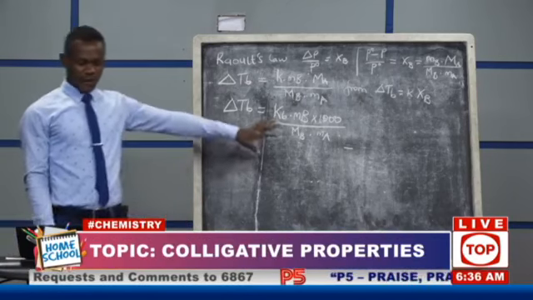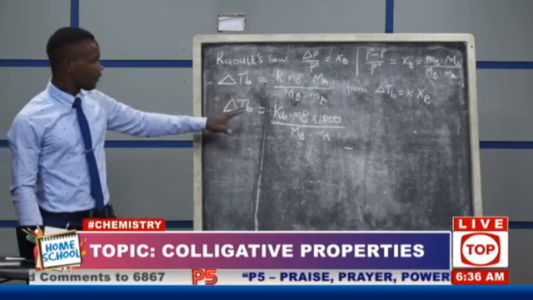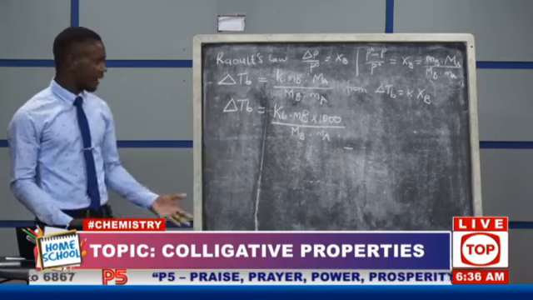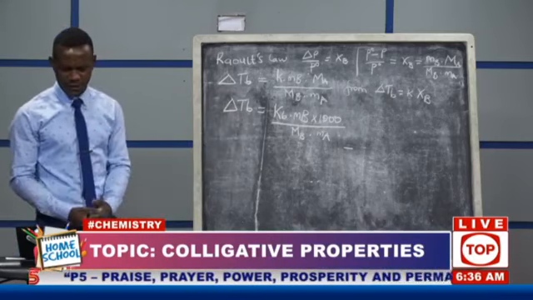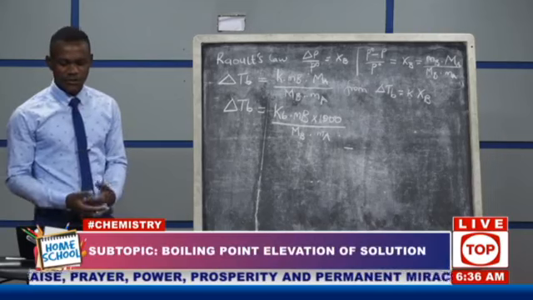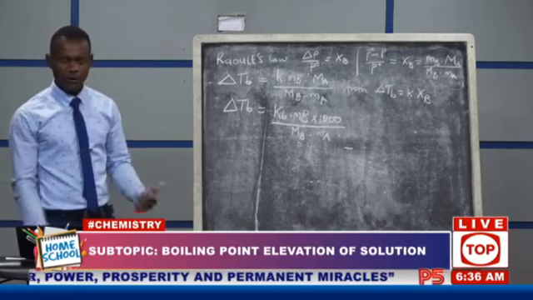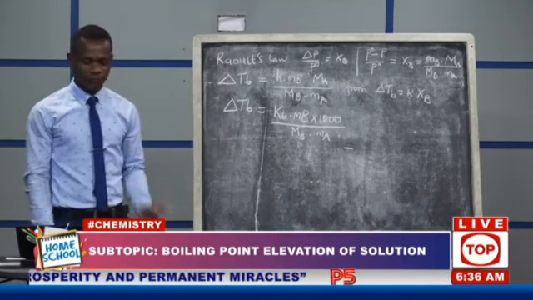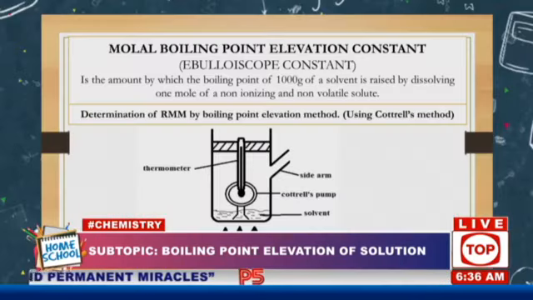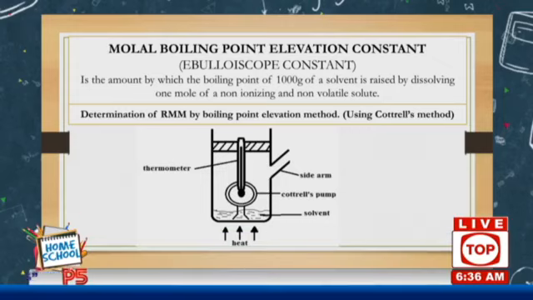So that is it that you can look at. On our next slide, we can look at the experiment that is used in determination of the molar boiling point elevation constant, or the ebullioscopic constant.